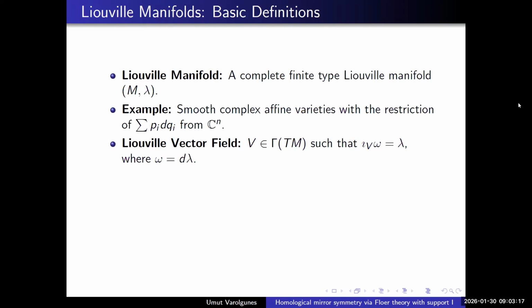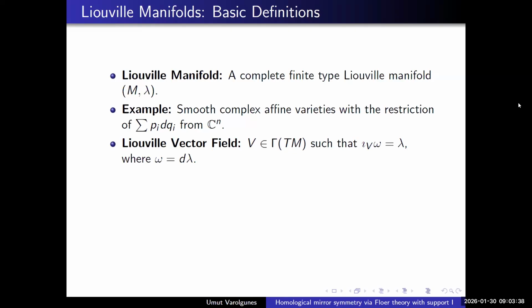So omega is the symplectic form, the exterior derivative of this lambda, and the Liouville vector field is the omega dual of lambda. That's an exponentiating vector field. It doesn't preserve the symplectic form, it exponentiates it.